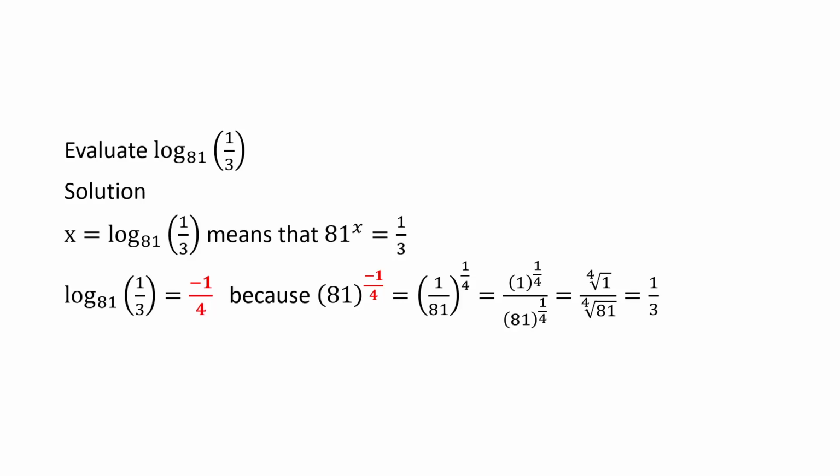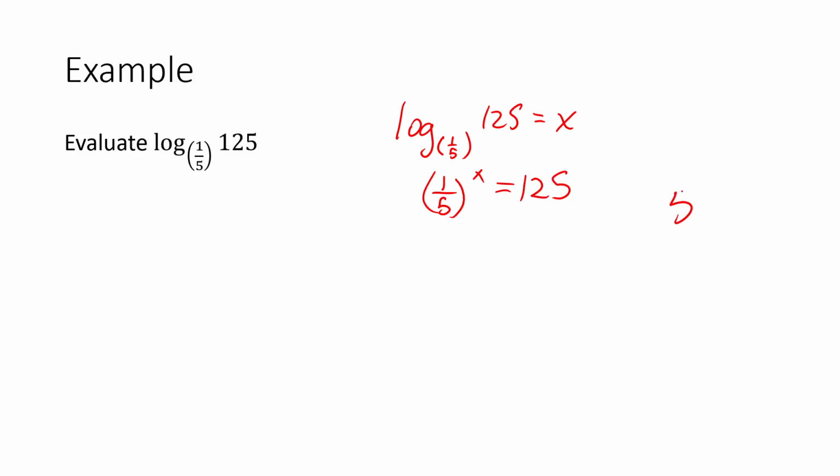And there's our answer. Typed out, ultimately the log base 81 of 1/3 is -1/4 because, as you see in red, 81 to the -1/4 equals 1/3. Well, what if we're doing the log base 1/5 of 125? That would be like saying the log base 1/5 of 125 is x, so therefore 1/5 to the exponent x is 125. Now, we know that 5 to the 3 is 125.